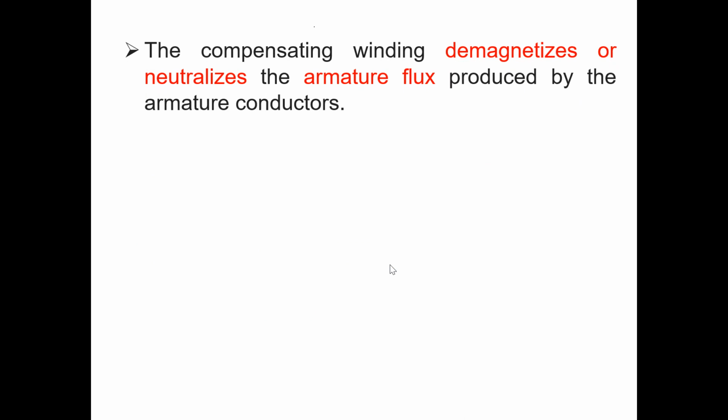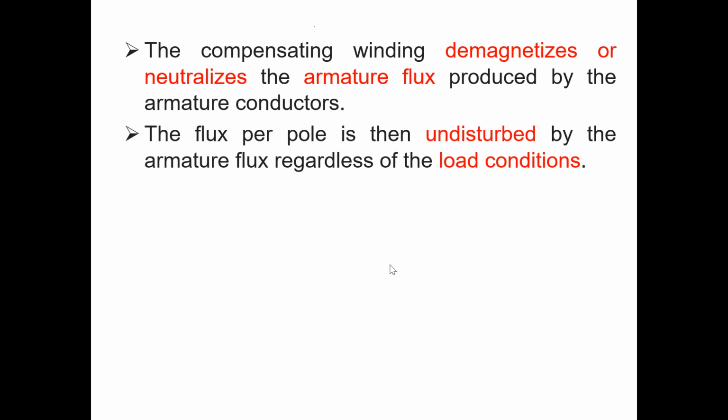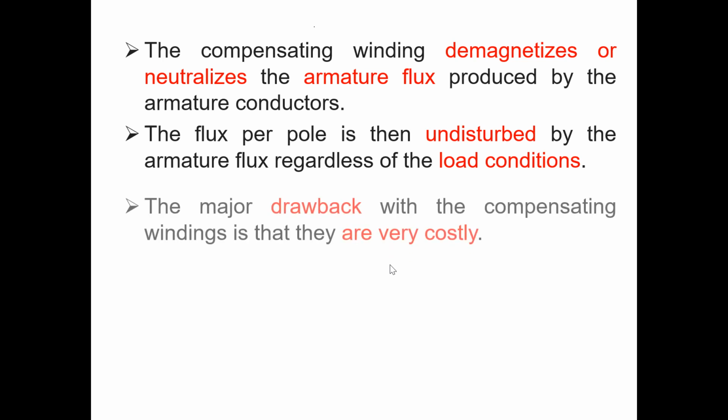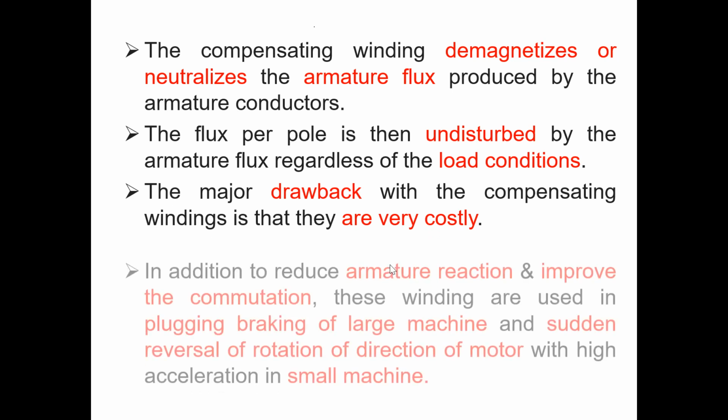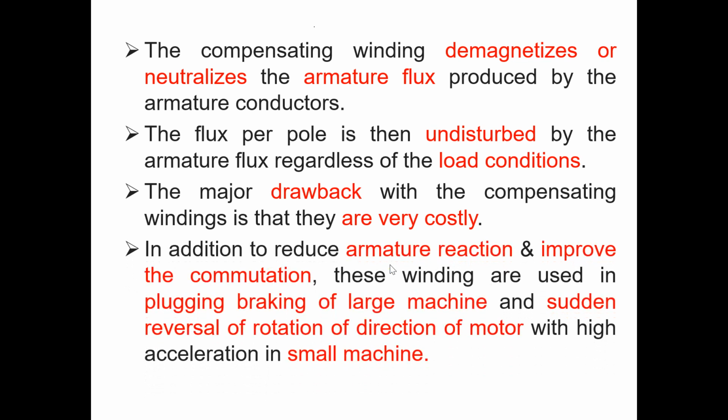The compensating winding demagnetizes or neutralizes the armature flux, as I earlier discussed. The flux per pole is undisturbed by the armature flux regardless of load condition, whatever the load condition. The main drawback of compensating winding is that it is comparatively a high cost mechanism. In addition to reducing the armature reaction, it improves commutation. These windings are used in plugging braking of large machines and sudden reversal of direction of rotation of motors with high acceleration in small machines.